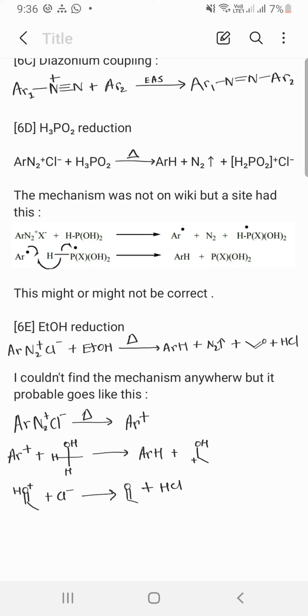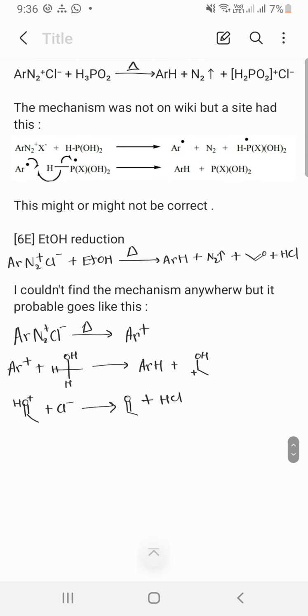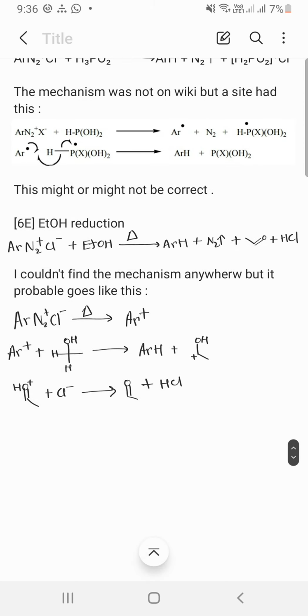So it's going by radical mechanism. I don't really care because all we need to know is the products. EtOH reduction, the same thing. It just gives this hydrogen to it and becomes this thing. It gets oxidized by itself.